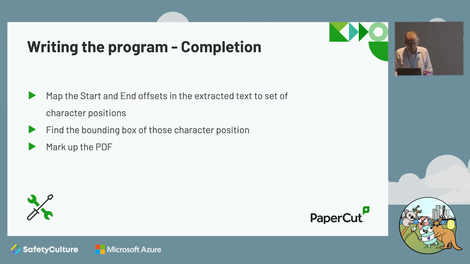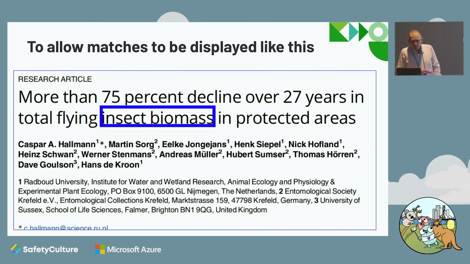Looks like this. We feed that back into the previous functions, find the bounding box, and mark it up. And we get a result that looks like this. In this case, we've searched for insect biomass. And that's how it all works.